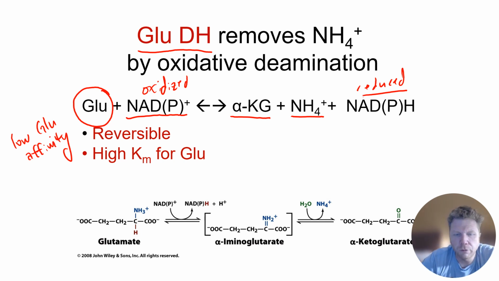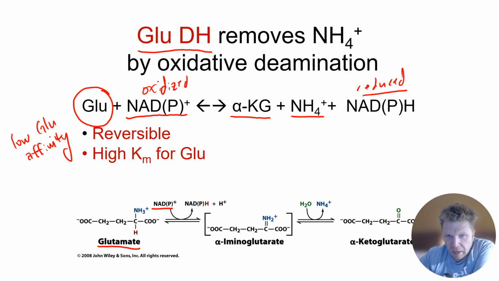First and foremost, we oxidize glutamate, and we make that NADPH, or the NADH. When you see something like this, with the P in parentheses, that's an indication that this enzyme's a little bit fluid. It could use NAD+, or it could use NADP+. Now, with that said, we're going to make this alpha aminoglutarate.